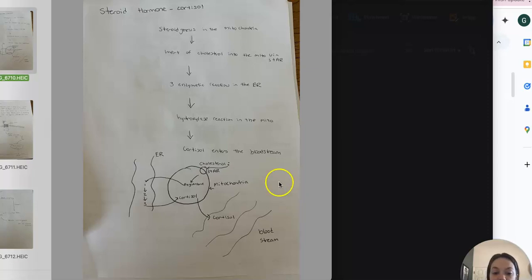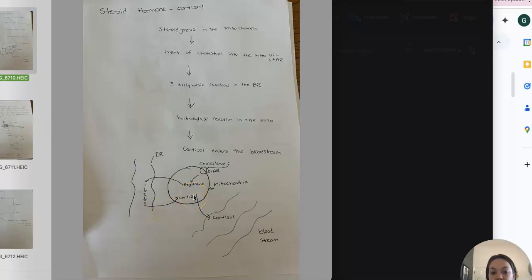Here with this image, I don't know if you can see my pointer, you can see cholesterol on the top moving in via the transport protein STAR. Cholesterol begins outside of the mitochondria and moves into the mitochondria via that transport protein, and then turns into pregnenolone, and then moves into the endoplasmic reticulum, where three very in-depth processes take place to turn it into cortisol.